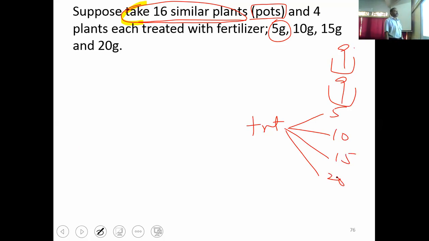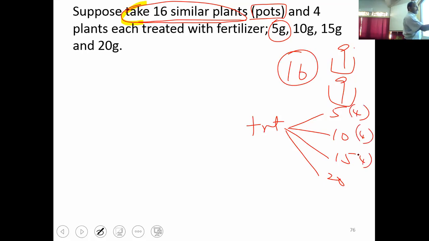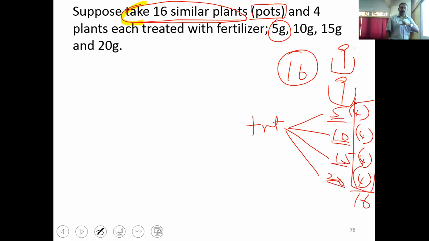Since I have 16 plants, I can allocate 4 plants each to these treatments equally. Before applying the different amounts of fertilizer, all 16 plants are in a similar condition. No difference at all.